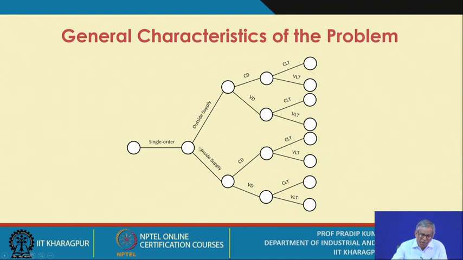If it is an inside supply case, later on we'll determine both the cases, while you determine the order quantity and the important inventory control parameters in a given system. So both the outside supply case as well as the inside supply case you need to consider.